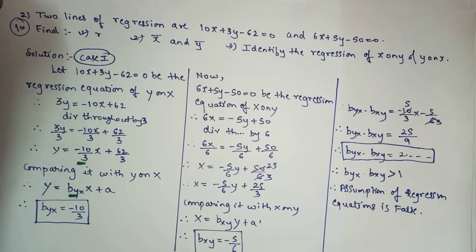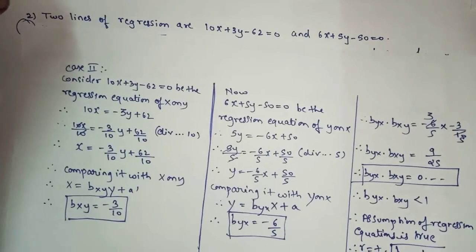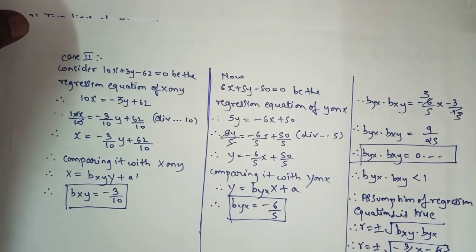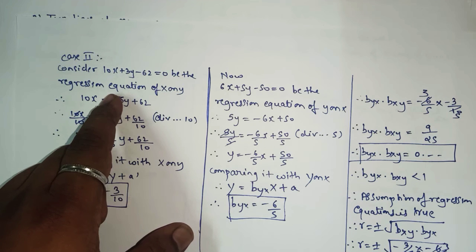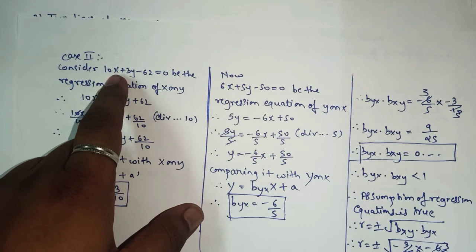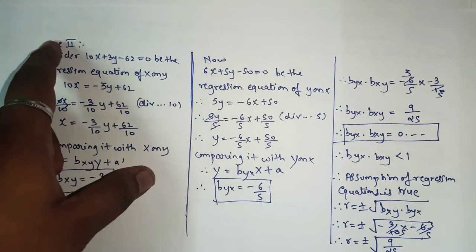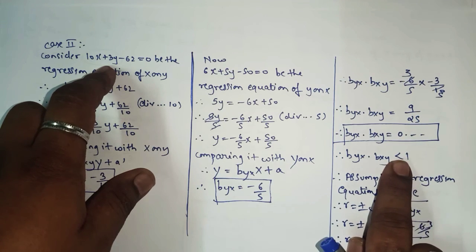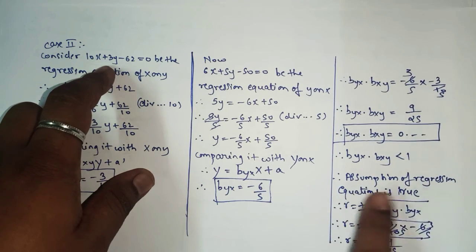As we solved this sum, we come to the conclusion that in the first case the product was greater than 1, so we took the second case where the product was less than 1. If it is less than 1, that means our assumption of regression equation is true.